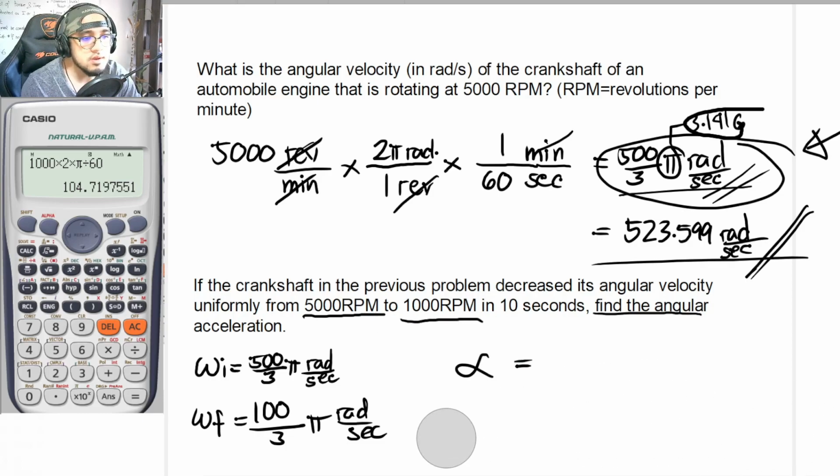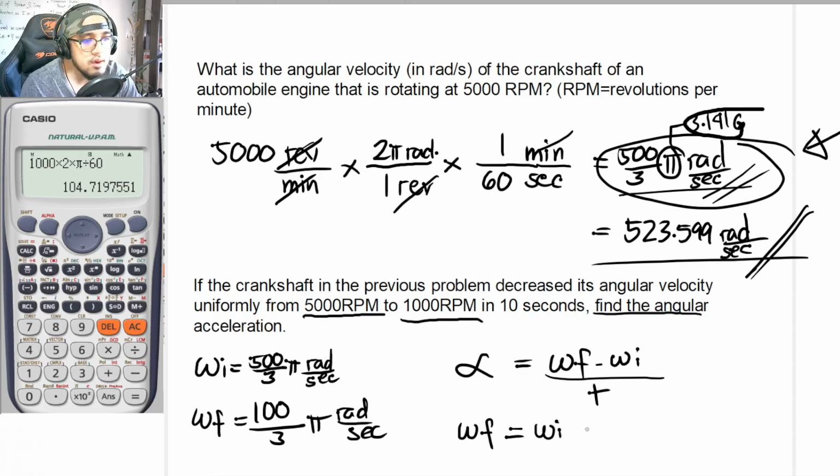Okay, so with that, alpha is equal to omega final minus omega initial divided by T. Or, once again, omega F is equal to omega I plus alpha T. So final velocity, initial velocity, acceleration. Both of these equations are the exact same thing.